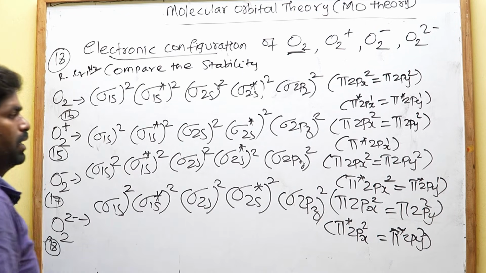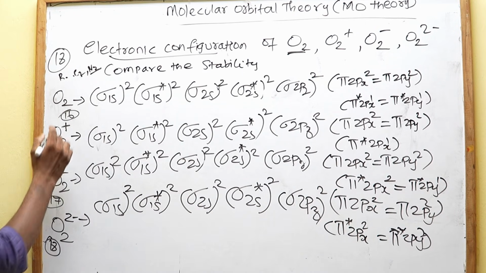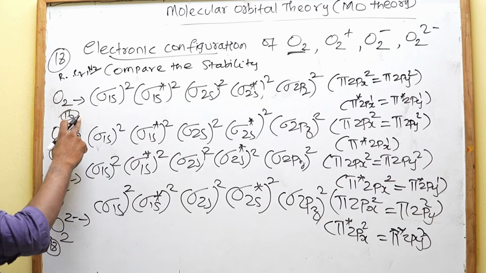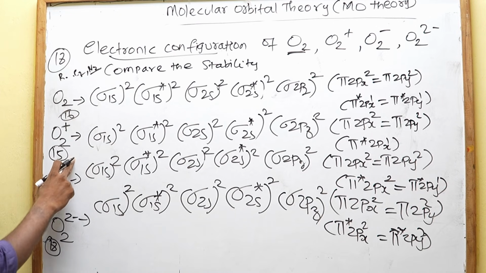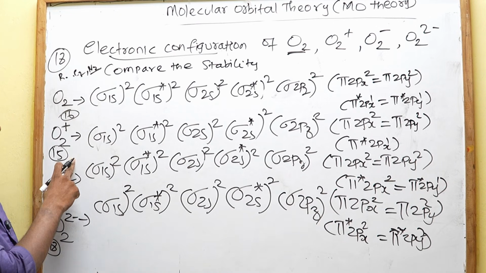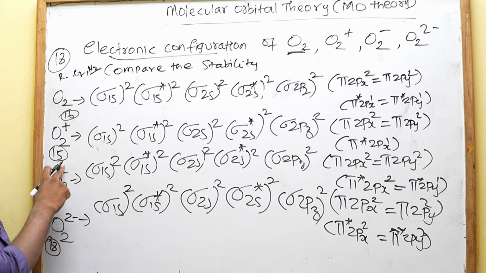Therefore, this is an 18 electron species. So, the oxygen molecule is a 16 electron species, and the oxygen cation is a 15 electron species, then the 17 electron species and the 18 electron species.